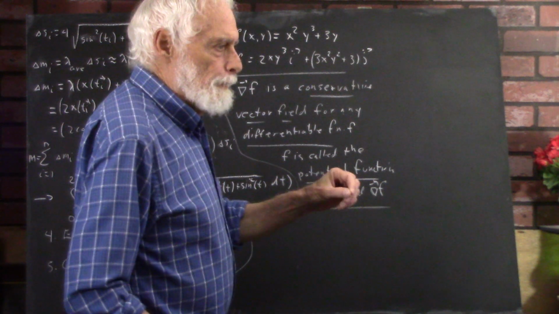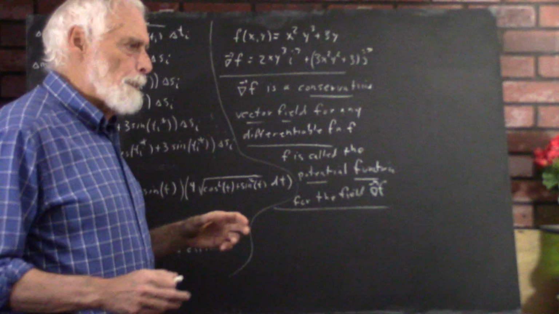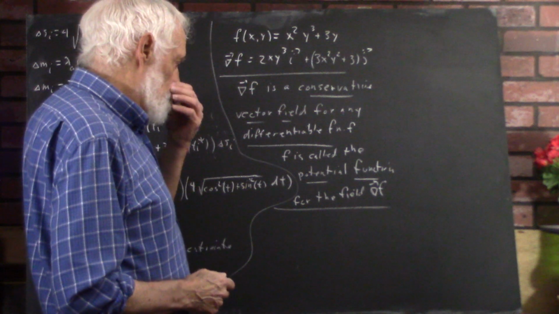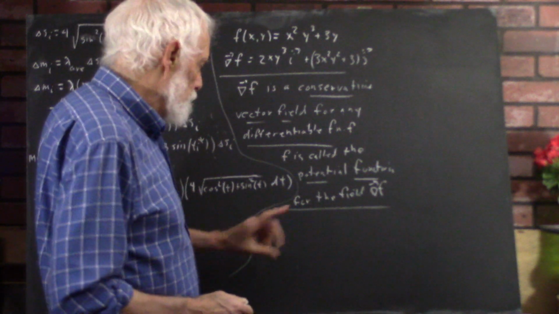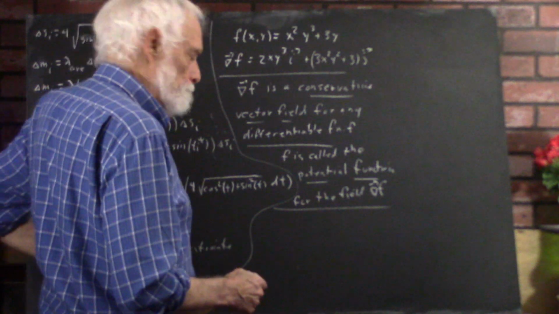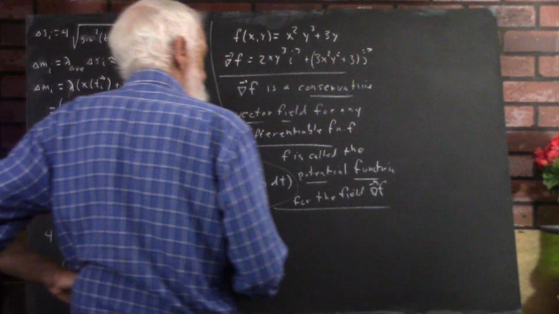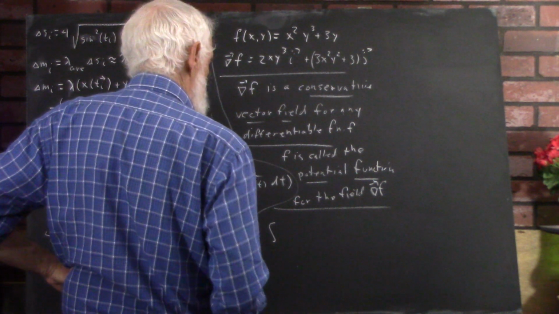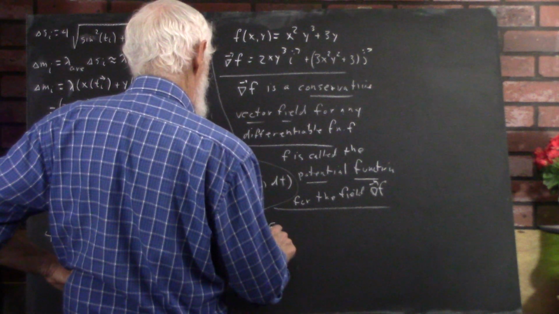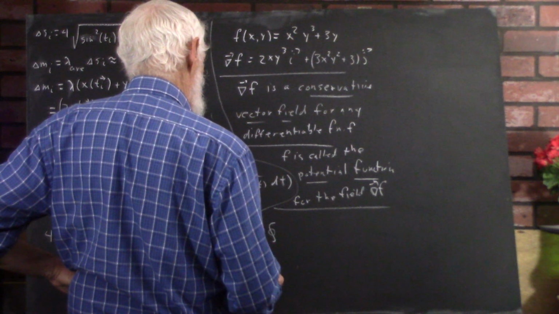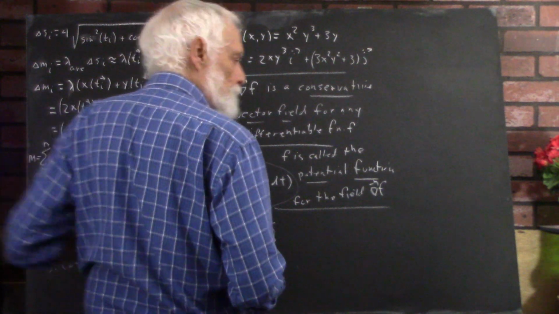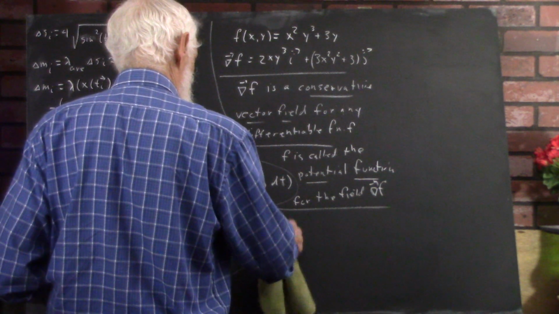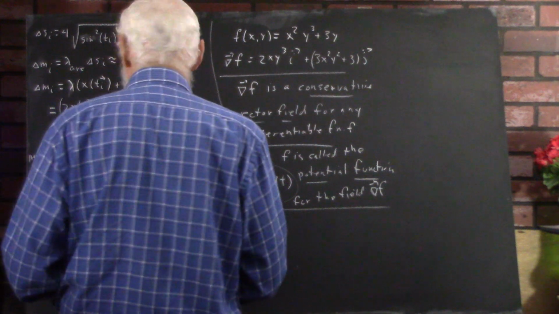A conservative field has the important property, and I'd love to derive this, I always do, but I'm not going to be able to here, in the time we have under our constraints. The integral, and I've written this as a closed path, and right now I don't want to do a closed path.